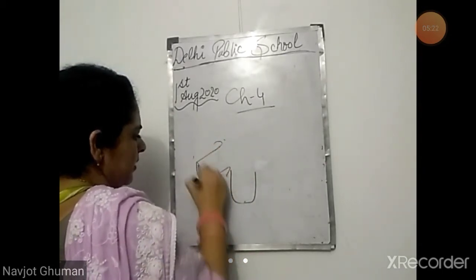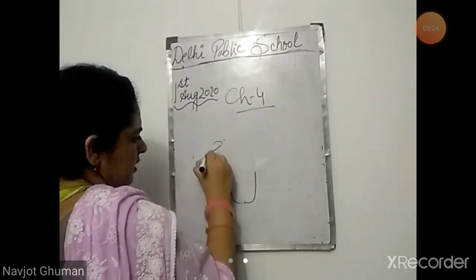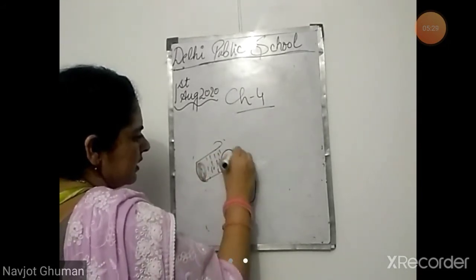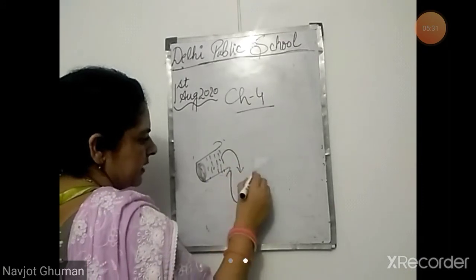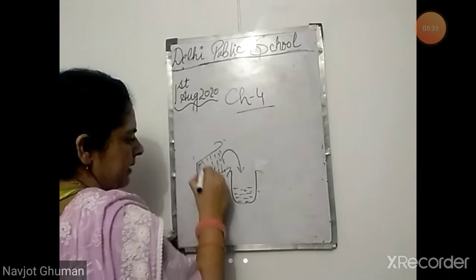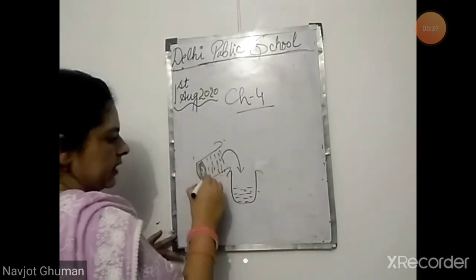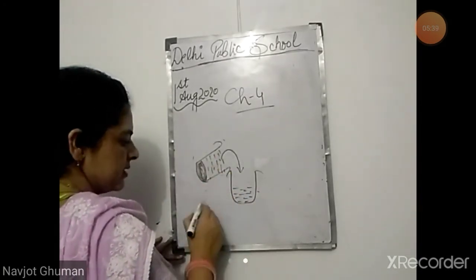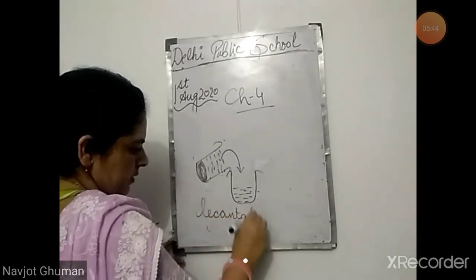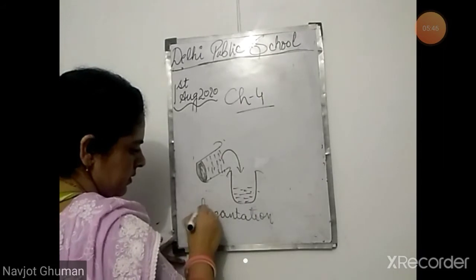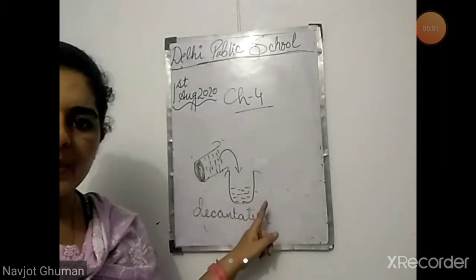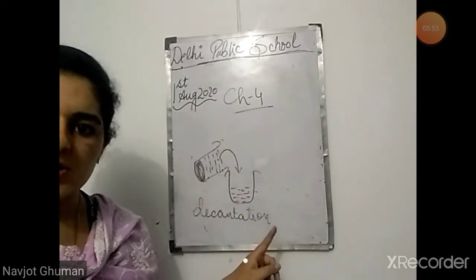Here was the sediment, here it was clear liquid. Now this clear liquid will be poured into a separate container, and the sediment or the mud will remain over here only. So this process is called decantation. The process of pouring clear liquid into a separate container is called decantation.